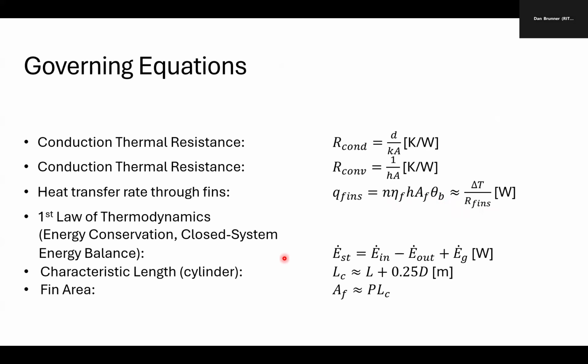The major governing equation that we'll also be using is the first law of thermodynamics. We'll be conducting a closed system energy balance using the first law. And a few other equations we have here. The characteristic length for a cylinder is going to be about equal to the length of the cylinder plus a quarter times the diameter of the cylinder.